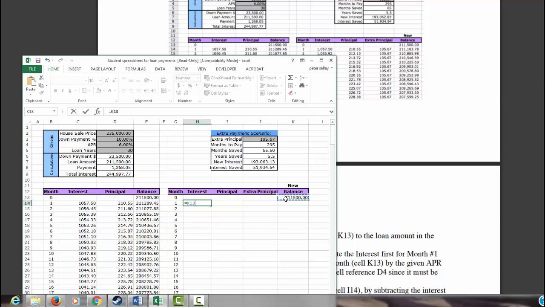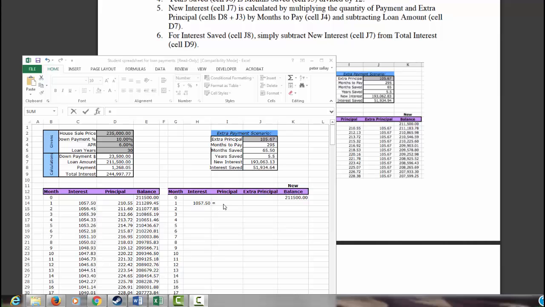It's the balance times the APR divided by 12. Gives us that. Okay, and the principal then is going to be our payment minus the interest. Okay, but we also have this extra principal. So the extra principal is going to be that extra payment that we are throwing on top. And I know ahead of time I want that to be an absolute, because I'm always paying that constant amount each month.